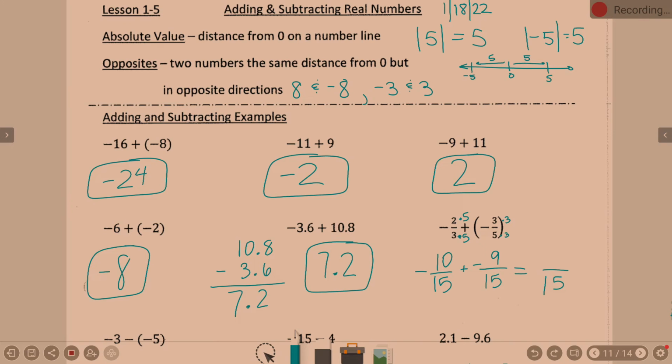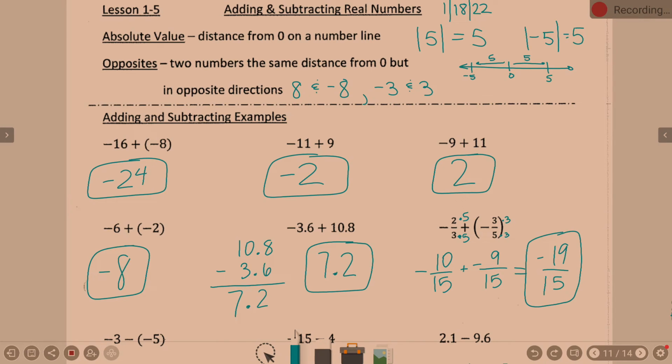What is negative 10 plus negative 9? Not negative 1. How did I get 8 over here earlier? I didn't subtract them, I added them. So it would be negative 19. Negative 10 plus negative 9 is going to be negative 19. And I think that's how I have it in my notes, so that's probably what Math Excel would want there.